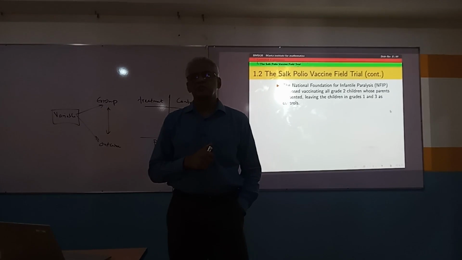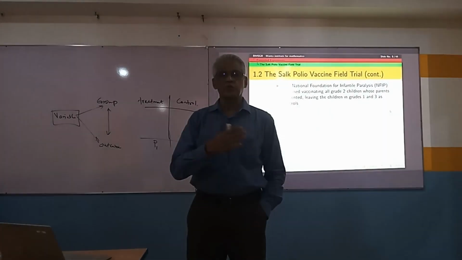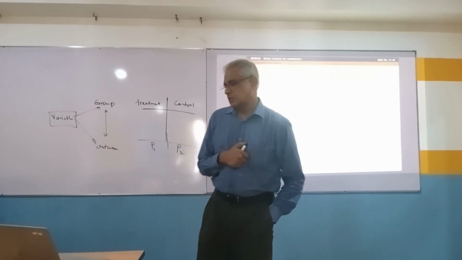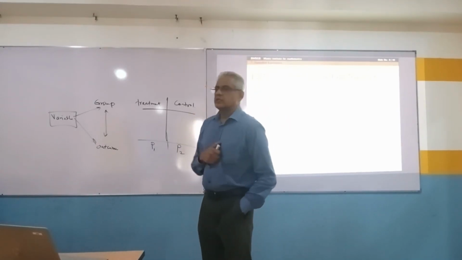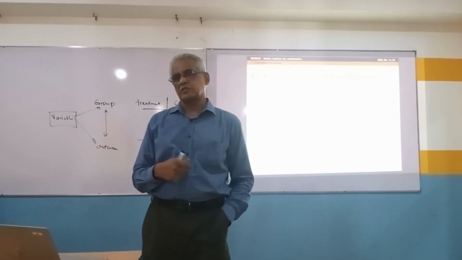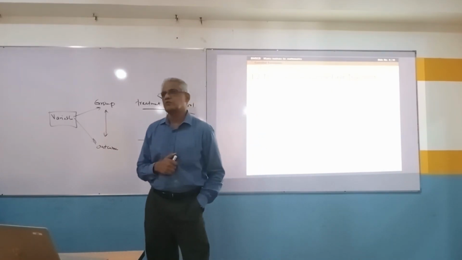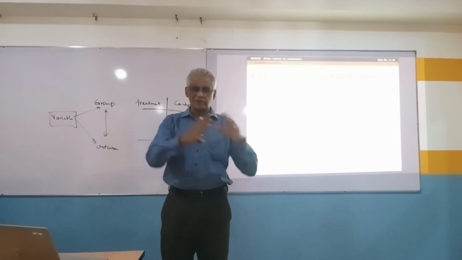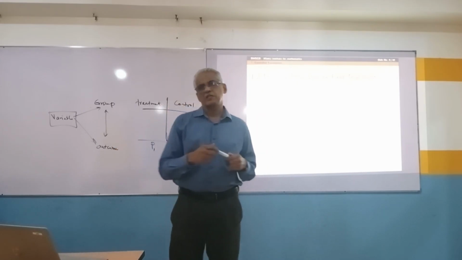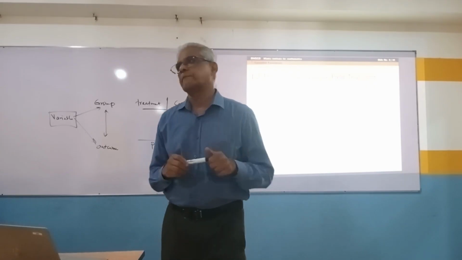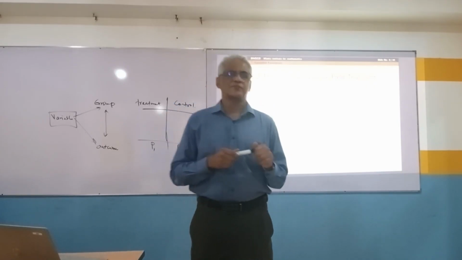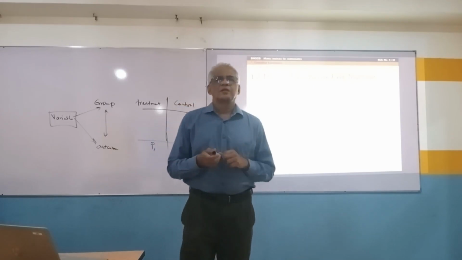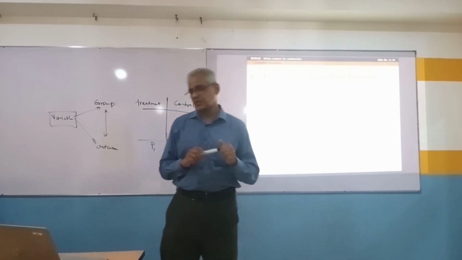Children in low grades, like grades 1 to 3, were the vulnerable group. And there were some known facts about this. One thing known is that it is prevalent among children, and the other is that it is more prevalent among rich people than poor people. So these were known facts.